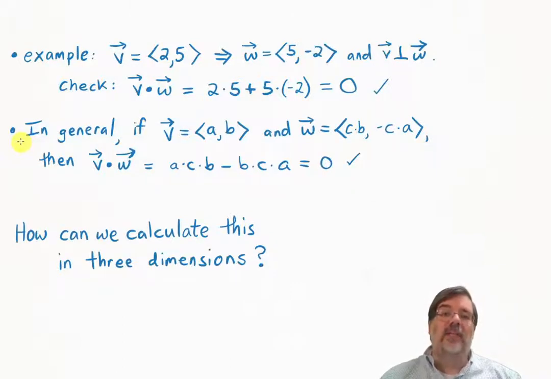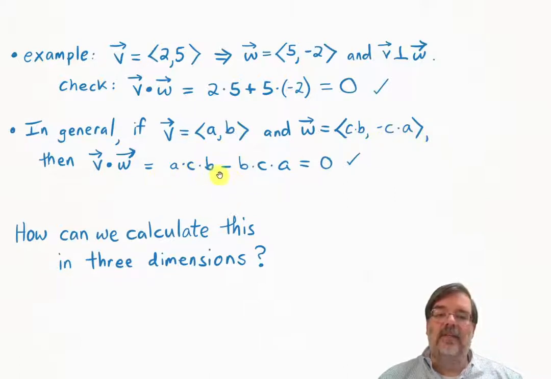And in general, to see that the formula we talked about on the previous page always works, we can check the most general case algebraically. If you have a vector v equal to a, comma, b, and another vector w equal to c times b, and negative c times a, you can calculate the dot product of these two vectors. v dot w will be equal to the first component times the first component, so a times c times b, plus the product of the second components, so b times negative c times a.